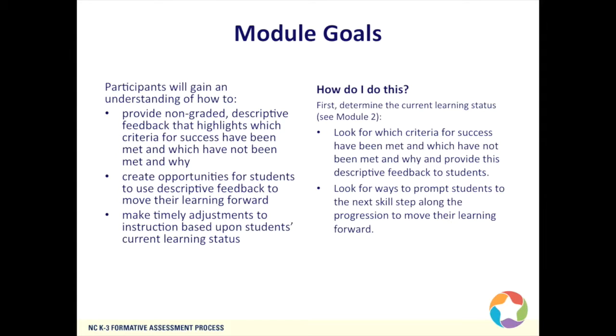Look for ways to prompt students to the next skill step along the progression to move their learning forward. Once the evidence is interpreted and the learning status is identified on the construct progressions, continue to adapt and respond to the learning needs of the student, addressing the same learning target if the student hasn't met it. If the student has met the learning target, work with the student to select a new learning target for teaching and learning.